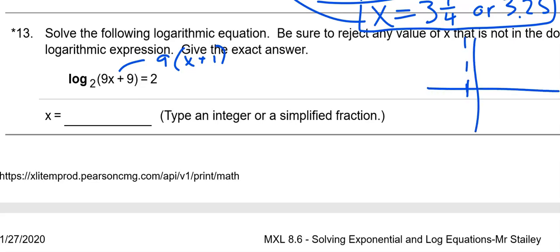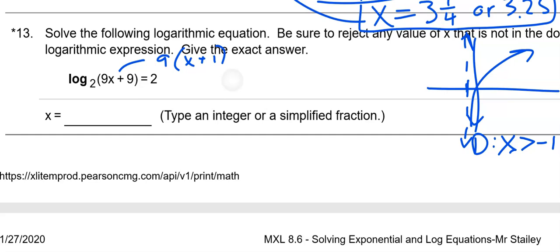So it's got a vertical asymptote like this, and it does something like this. So the domain would have to be greater than -1. But, you know, I don't think we're going to have issues with these. We're not going to end up running into problems.